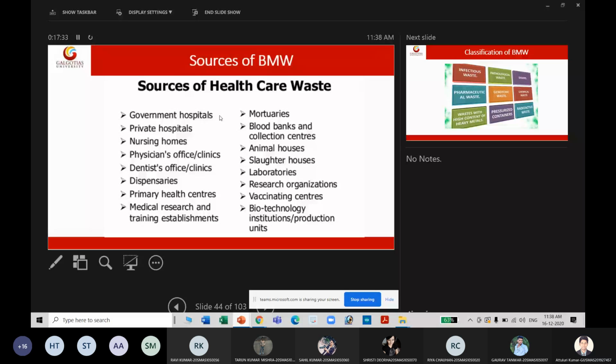So government hospitals, private hospitals, nursing homes, physician offices, dentists, dispensaries, primary healthcare centers, medical research areas or colleges, mortuaries, blood banks, slaughterhouses, animal houses, laboratories, research organizations, vaccines, and biotech institutions are the primary sources of biomedical waste generation.